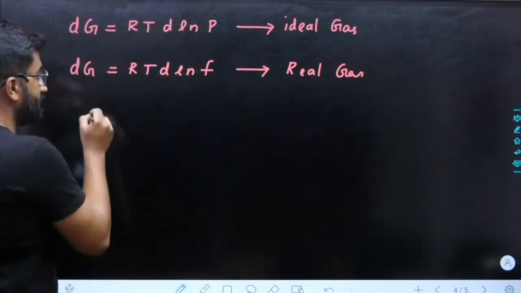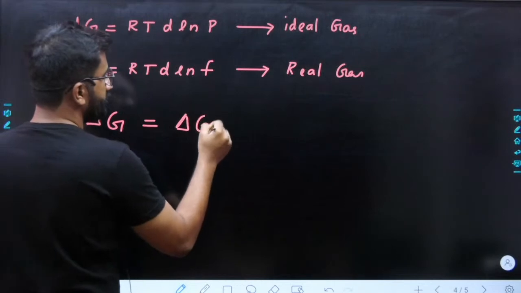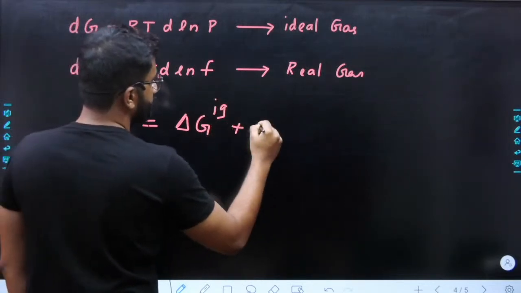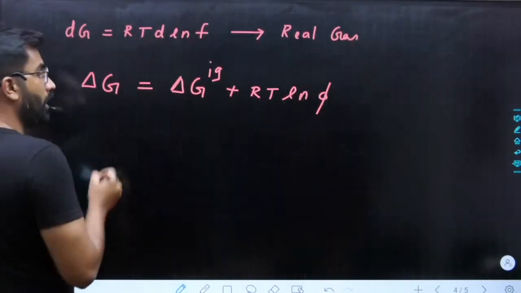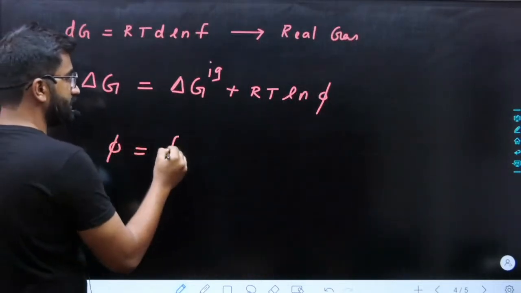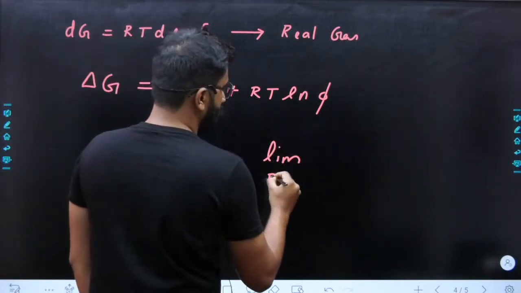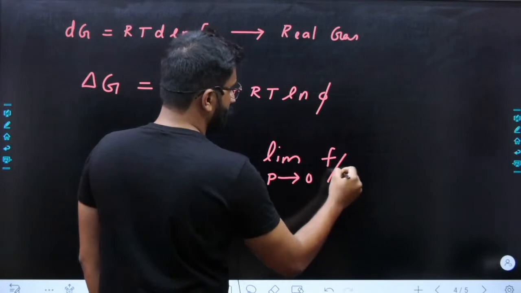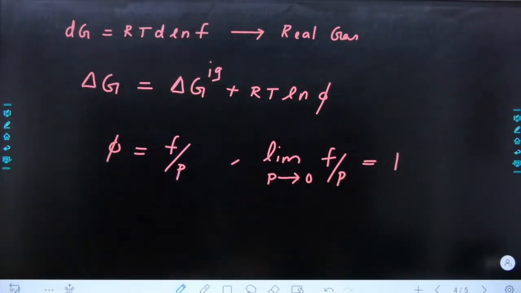So we can say delta G for a real gas is equal to delta G for ideal gases plus RT ln phi, where phi is fugacity divided by pressure. So limit P tends to 0, f by P will be equal to 1. ये सारे equations आपको याद रखना है ना.